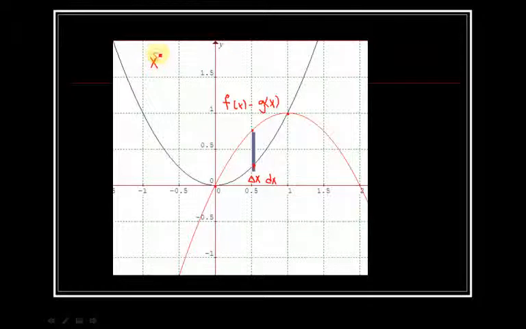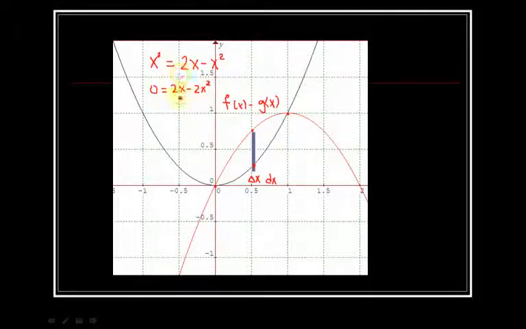Let's write out our functions. I have x squared as my g of x function. If I set that equal to 2x minus x squared, that's going to give me the solutions where those two particular functions intersect. And of course, by doing some basic algebra, I get 0 equals 2x minus 2x squared.